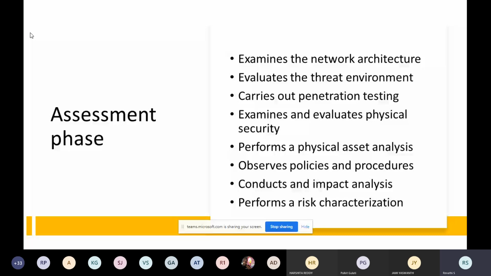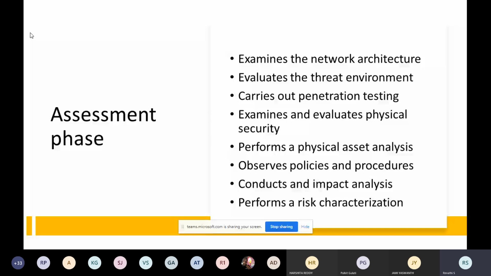So it will come under some impact. It may be functional impacting or maybe informational impacting. Like that, you have to complete the analysis, and you have to perform the risk characterization, whether it is a risk of high level, low level, or medium level. We will understand risk assessment later in the other module. It is there, but just remember the last line: perform a risk characterization.